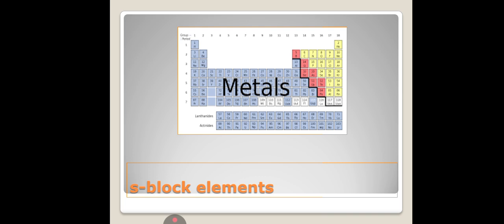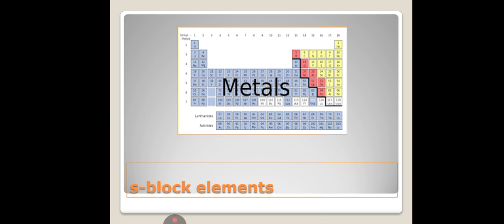This is the reason why most of the metals are not present in their native form. Native form means pure form. Only some elements like silver, gold, and platinum are the metals present in their native form, pure form meaning they are not found in any combined state.